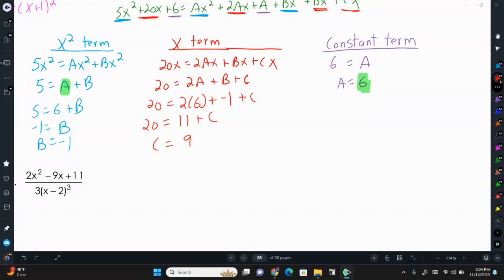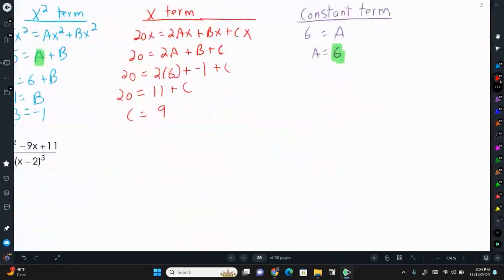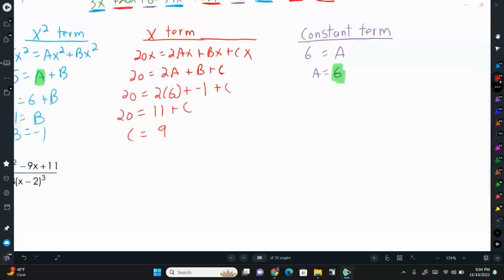So now I have my ABCs that I can substitute back into this up here in black. So our final answer is going to be 6 over x plus negative 1 over x plus 1 plus 9 over x plus 1 squared.